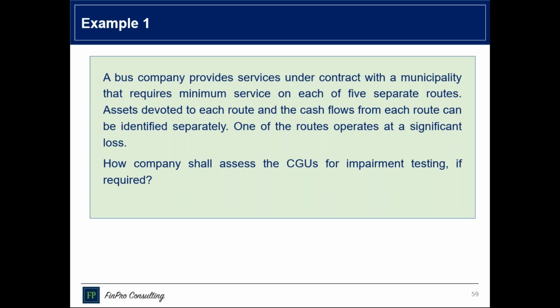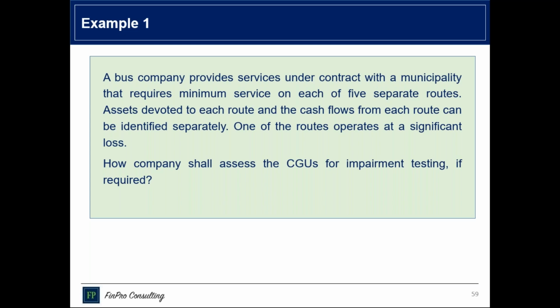Now, one, we need to check the contract with that municipality. If the contract says that you need to operate all the 5 routes, even if there is a loss in one route, then the contract is not separated. It is overall one contract where you cannot distinguish the separate routes.